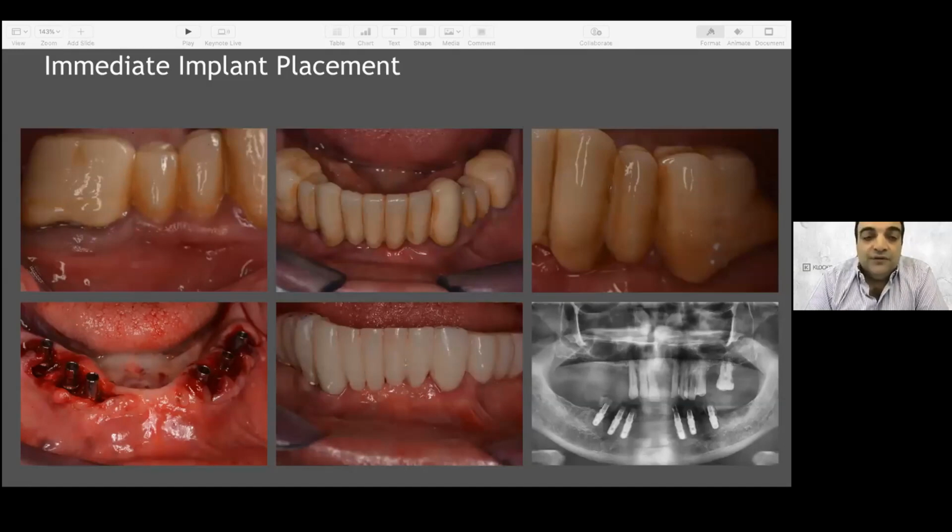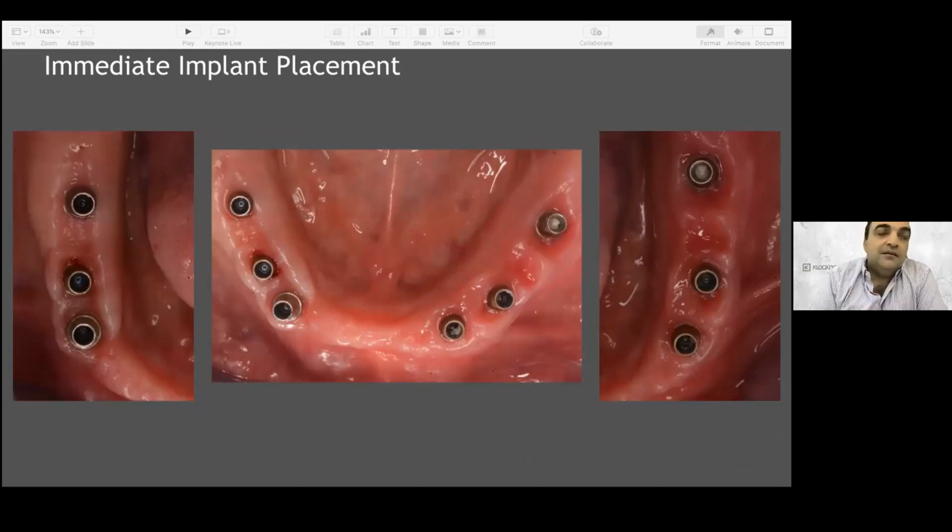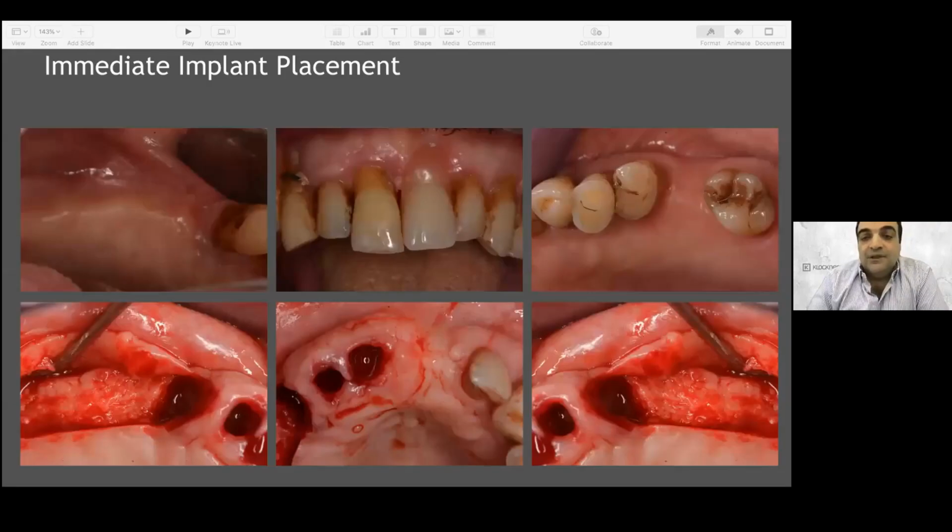He knows for sure that he's going to eat soft food for about 1 to 2 months, but it will be more comfortable for him to go out with a temporary bridge. And this is the healing after only 3 weeks after implant placement.